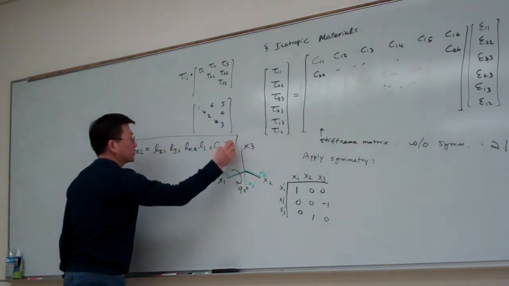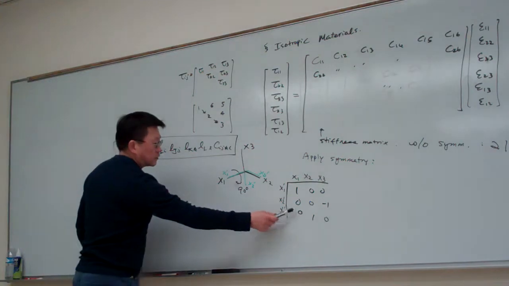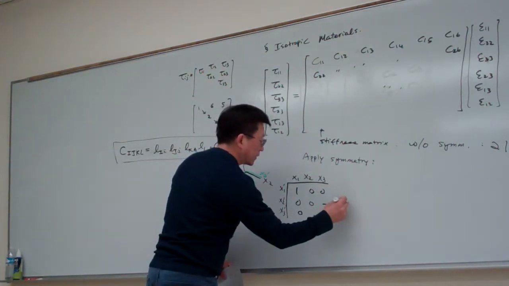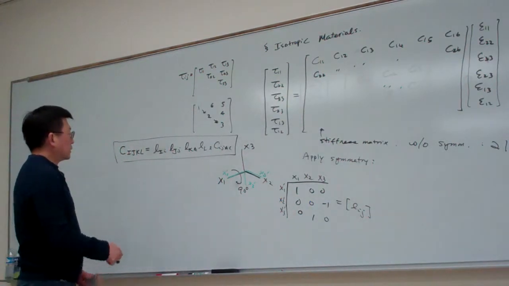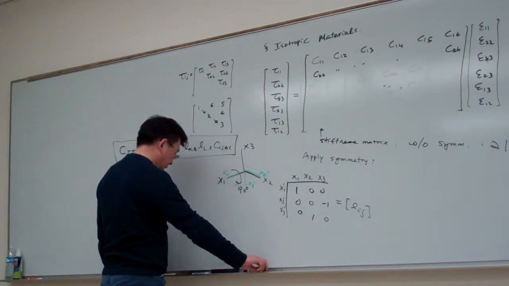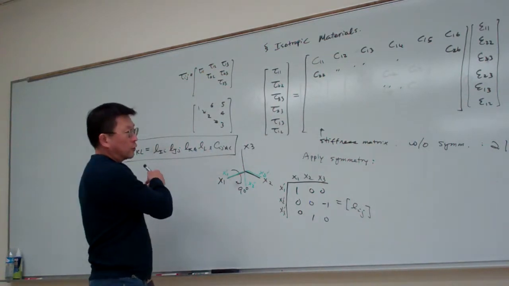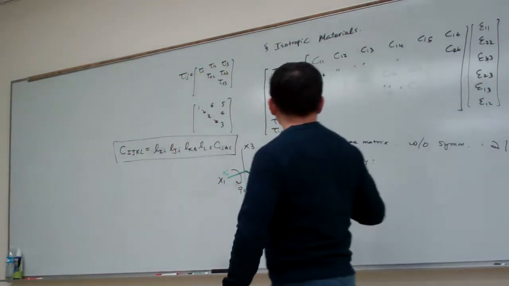Okay, we have such a rule here. Once we have this, the L information is obtained from this table here. And now, what about the fourth order of the tensors? That one we need to transform.